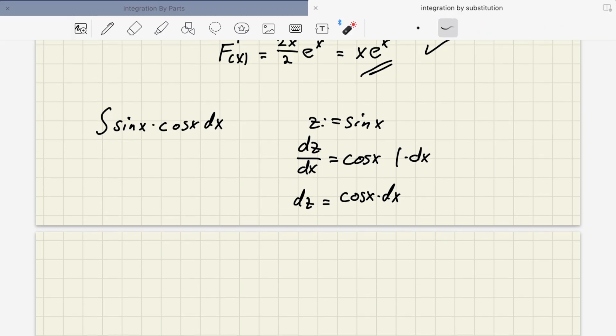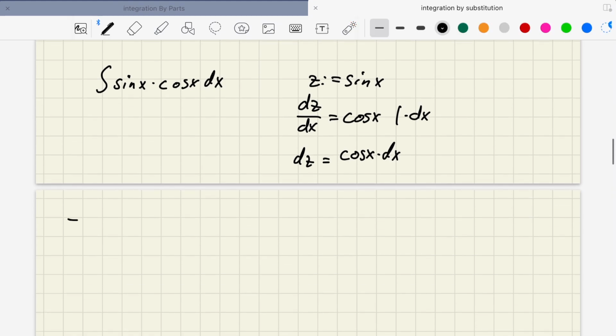I see cosine x dx is to be substituted with dz, and sine x is to be substituted with z. Right? So we have the integral of z multiplied by dz.